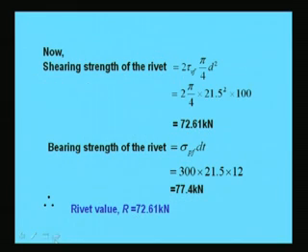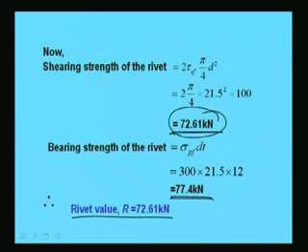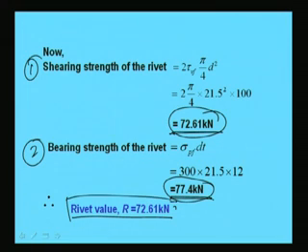So, we have found the shearing strength as 72.61 kilonewton and the bearing strength which we have calculated earlier, and the rivet value as 72.61, the lesser of these two. This is the shearing strength and this is the bearing strength. So, from these two we can find out the strength of the joint, means rivet value basically.